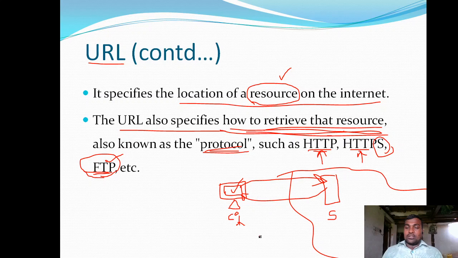This client system must be connected to the internet, and it must have some web browser installed, then only it can communicate with any server around the world. So what is the server? It contains several resources. Those resources are available in terms of web pages. Those web pages are retrieved from the server and displayed on the web browser, so that the user can know every piece of information available on the servers.